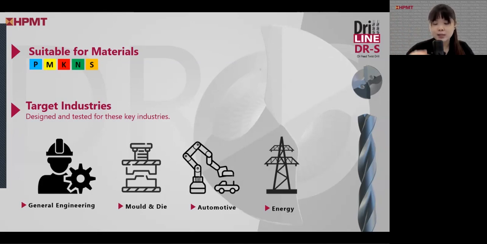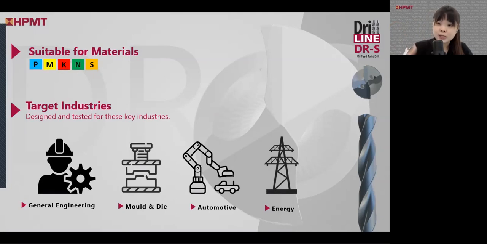Basically, their relationship is that for certain key industries, most of the time when they are trying to produce their product, they tend to use specific kinds of materials only. For example, when we are talking about automotive, most of the time they will just use stainless steel or aluminum to produce their vehicle components or parts.